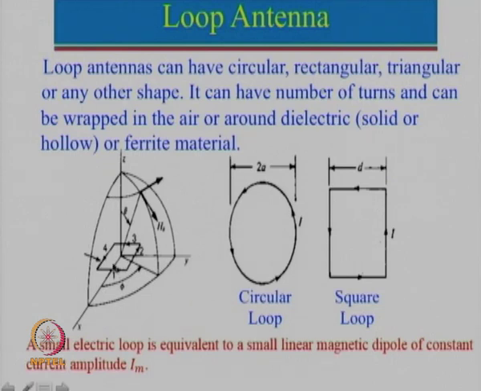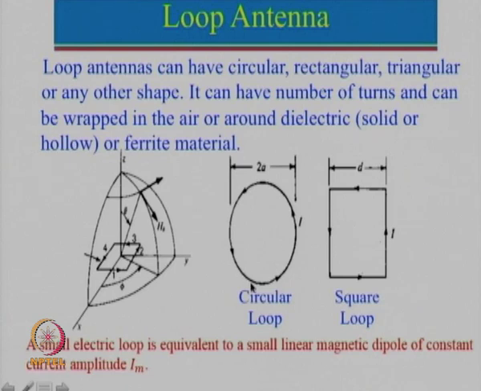In this particular case, if we assume there is a uniform current, then this can be approximated as a magnetic dipole, along with an electric current. All we need to do is use the same concept of the dipole antenna, except that we change the E field to the H field and the H field to the E field.